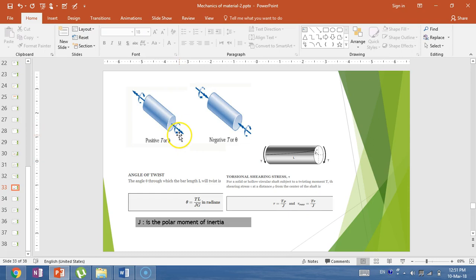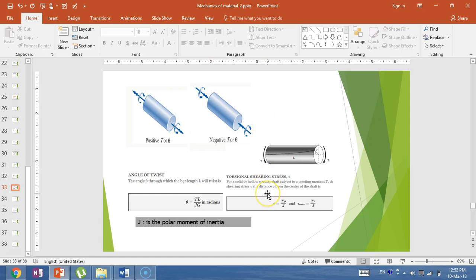If it is anti-clockwise, then it could be represented by a double-headed arrow going out of the body, and from the other direction it would be coming out from the cylinder, while for the negative one it is rotating in the clockwise direction. It is pointing the double-headed arrow as if it is making compression to the cylinder, and the opposite side for balance will also be double-headed, directed to the cylinder.